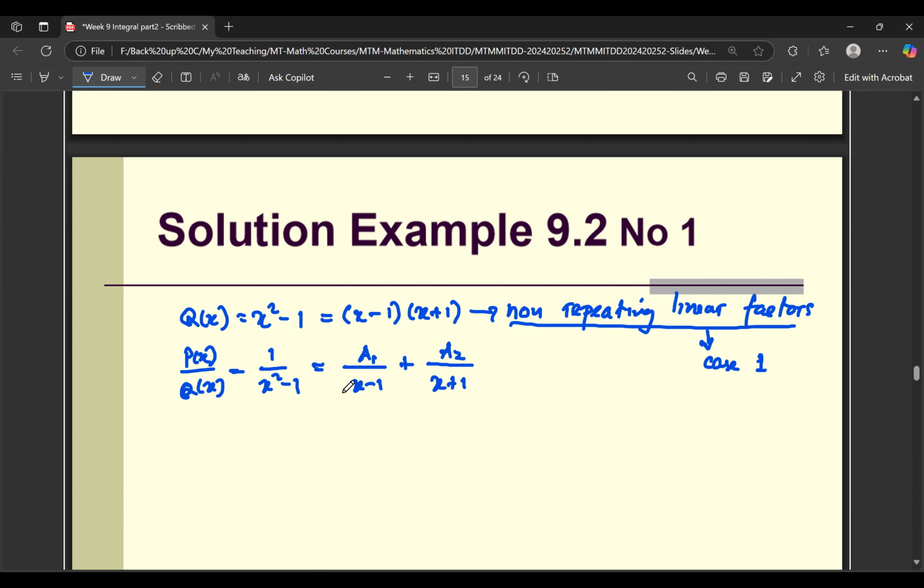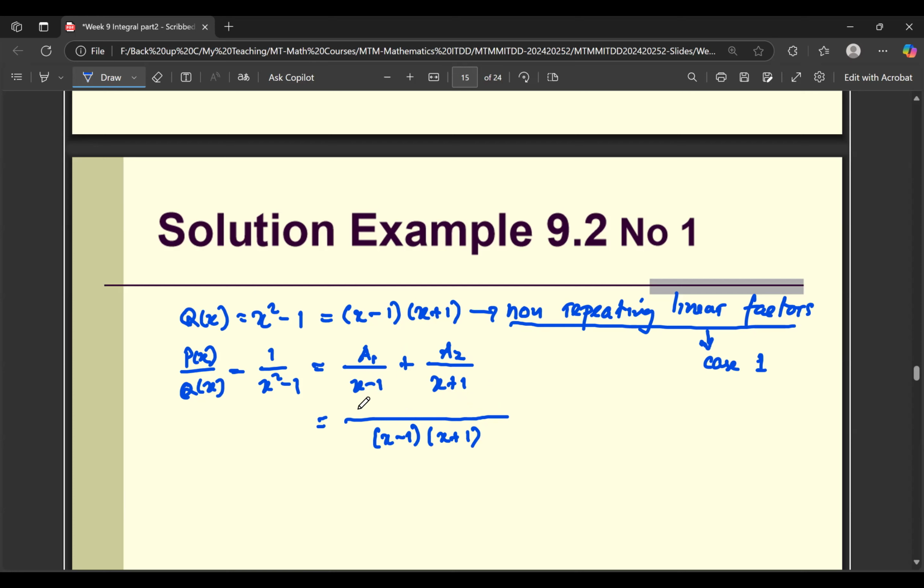How to determine them? We use the common denominator, menyamakan penyebut, which means we multiply the denominators. We have x minus 1 and x plus 1, and we get the common denominator.